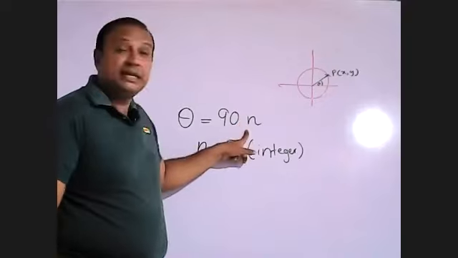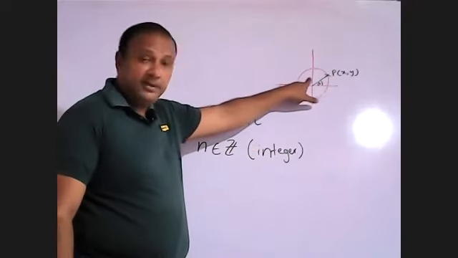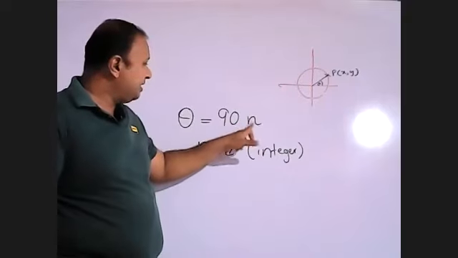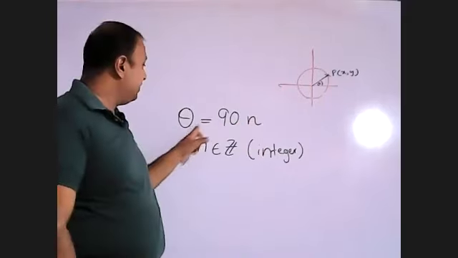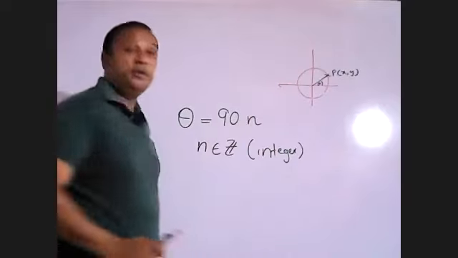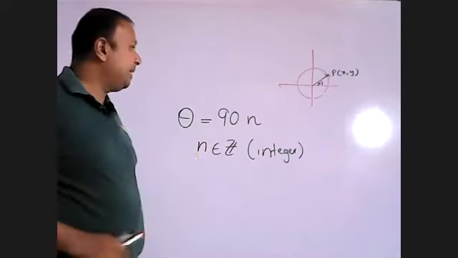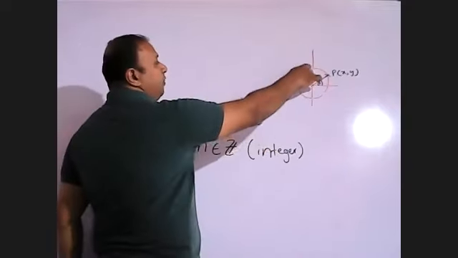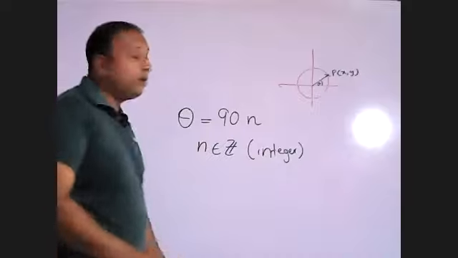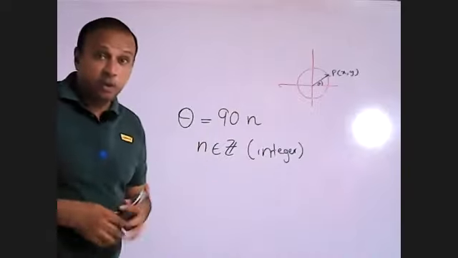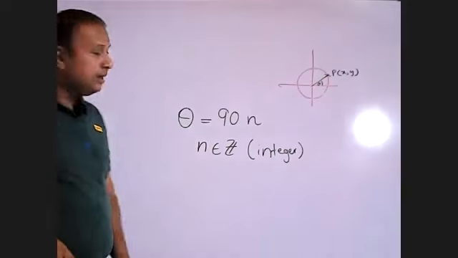If n is equal to 1, I can find trigonometric ratios of 90. If n is equal to 2, then theta is equal to 180, then I can find trigonometric ratios of 180. Likewise, 270, 360, then 450, 540. Trigonometric ratios of those kinds of angles can be determined.